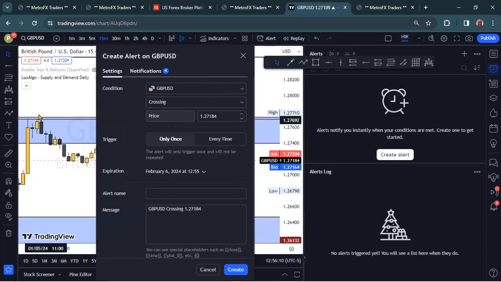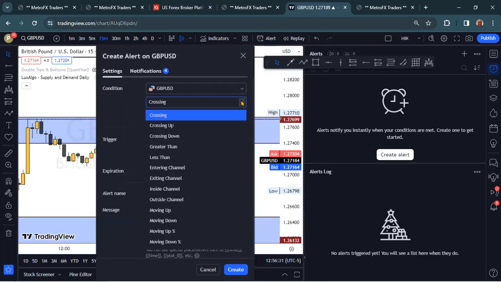Now we're looking for sells, right? So you're going to put a price here, and that price was 1.27710. Once price gets to this particular number, you could say either crossing it or crossing down.